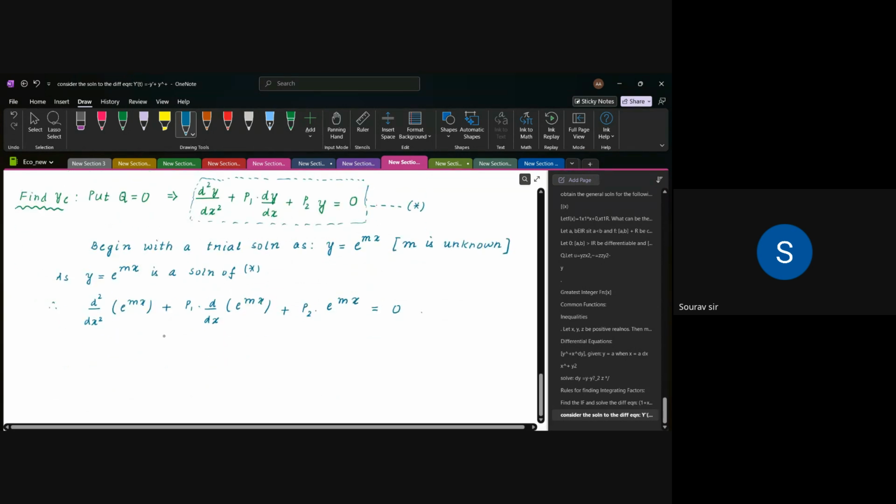Can anyone quickly tell me what these two derivatives, the first and second, will be? The second derivative is m square e to the power mx, right? And the first one is m into e to the power mx, so p1 into m e to the power mx.